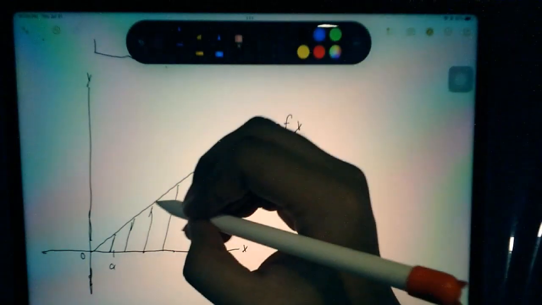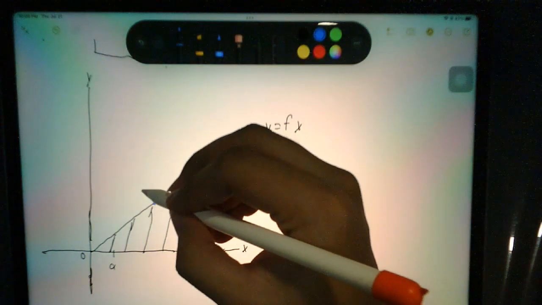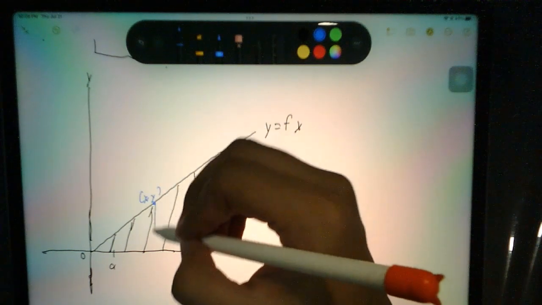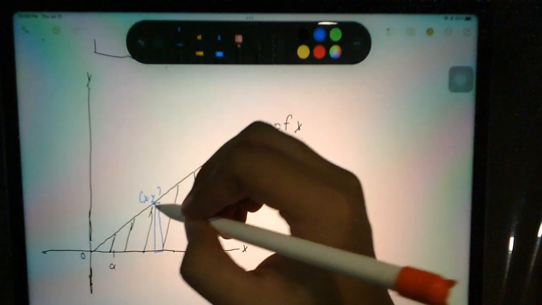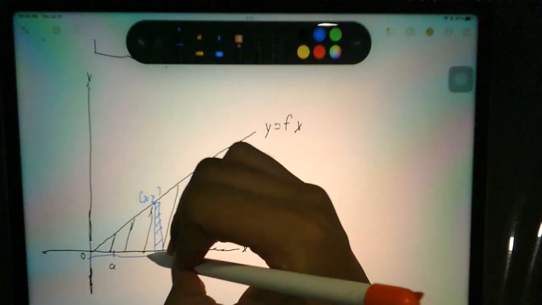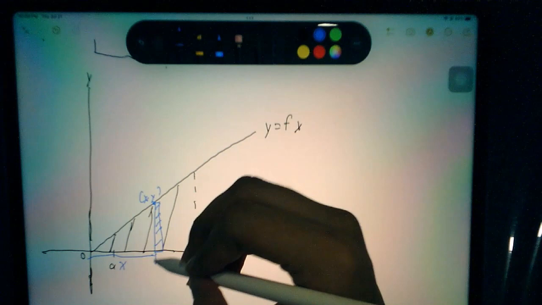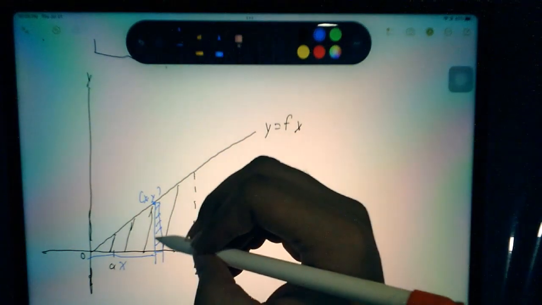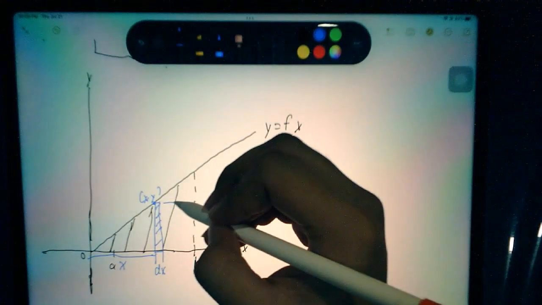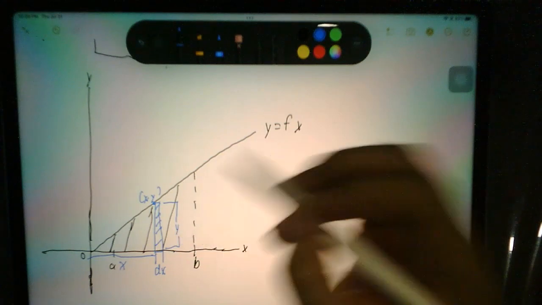First we put a point here to indicate that this point is from x to y, and this is our vertical strip. From the origin to this point here is called x, the thickness of the vertical strip is called dx, and the height of our strip is just equal to y.